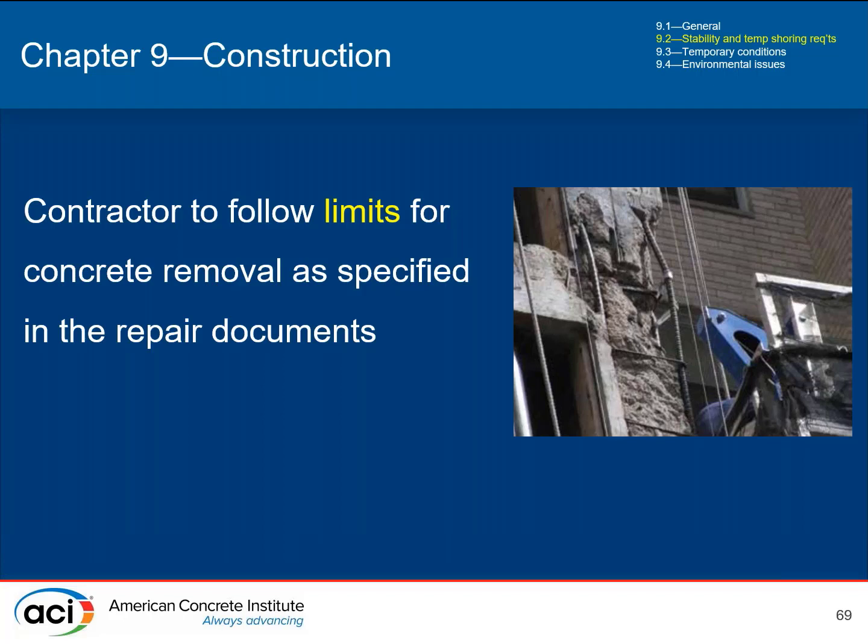So there's a potential that that bar, since it's still under load, could buckle inwards and cause that concrete to fail. So the licensed design professional needs to provide limits to the contractor on how much concrete can be removed, and what to do in these types of situations if they encounter them.